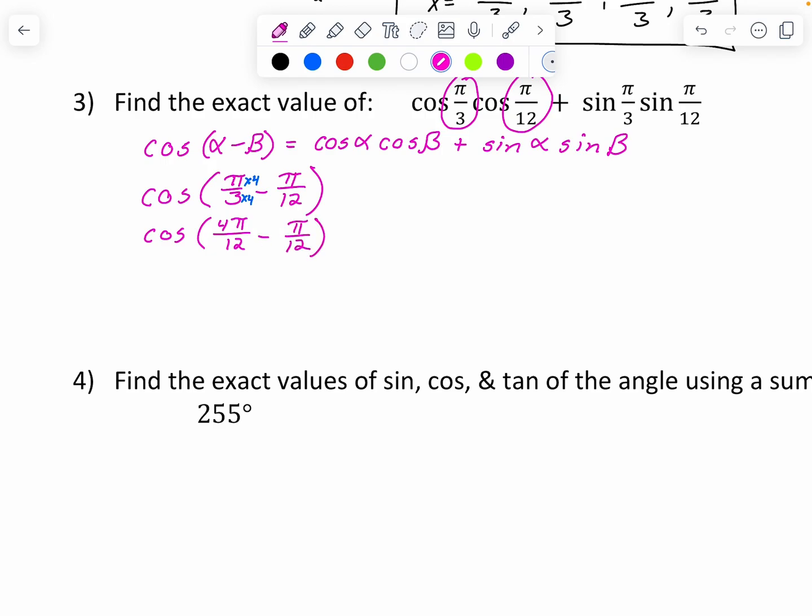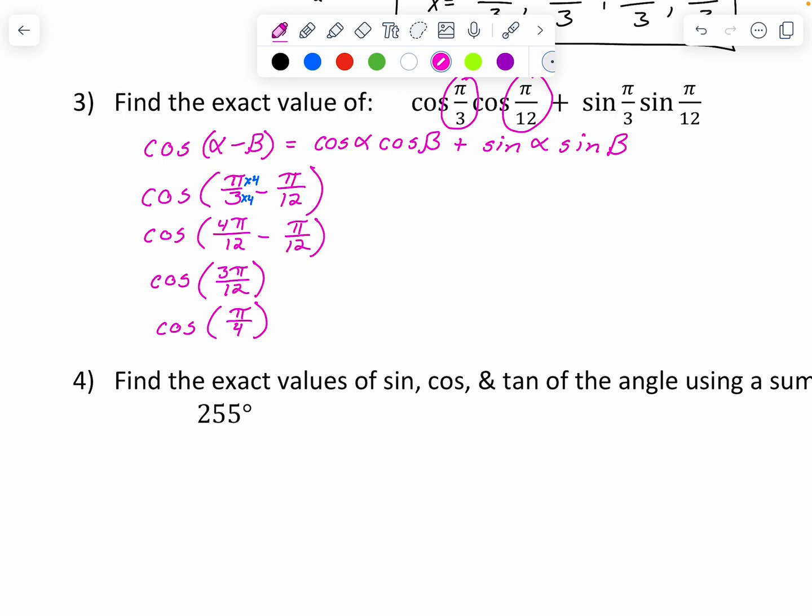Now that I have the same denominator, I can combine those. So it's still cosine, but cosine of 4 pi over 12 minus pi over 12 would be 3 pi over 12. And then that fraction will simplify. Since 3 over 12 becomes 1 over 4, this fraction just becomes pi over 4.